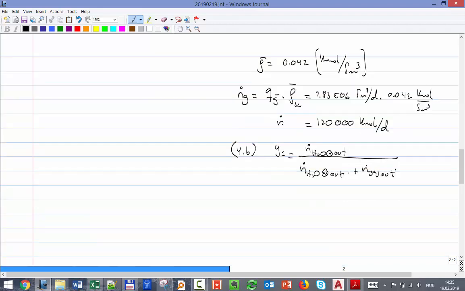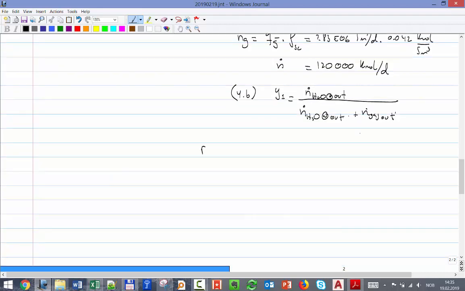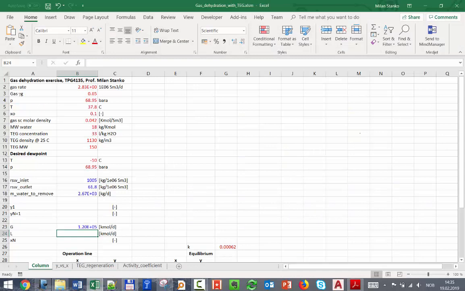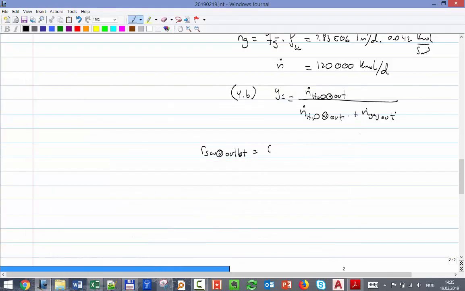We know that RSW at the outlet, the one that I want, was 61.8 kilogram per million standard cubic meter.